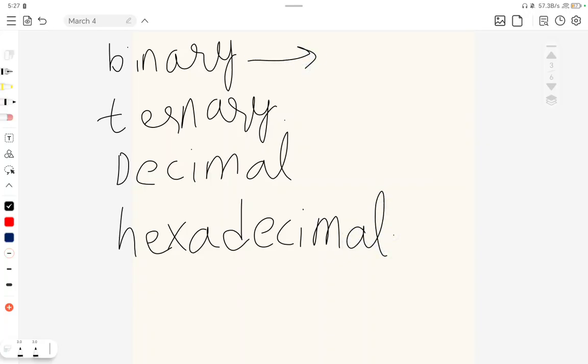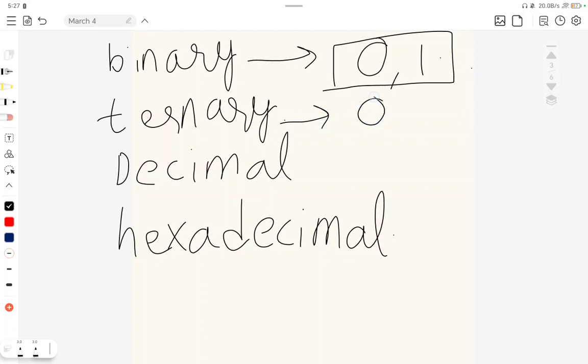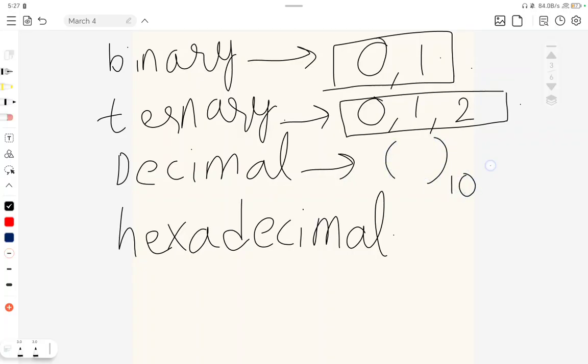Binary number gives remainder 0 or 1, and it is represented using 0 and 1. Ternary number gives remainders 0, 1, 2, and it is formed using these three digits. Decimal is represented in base 10.